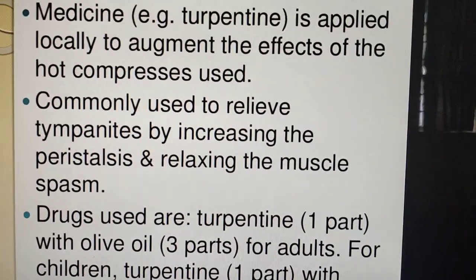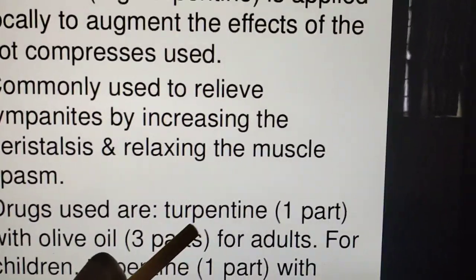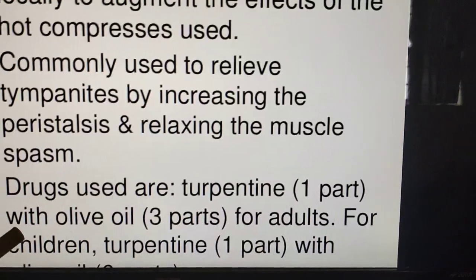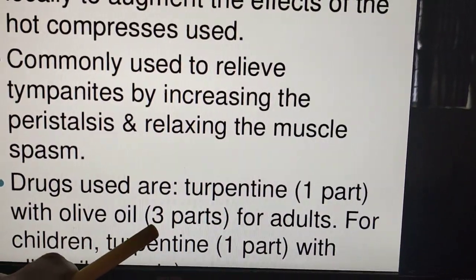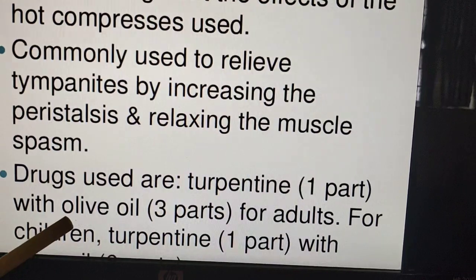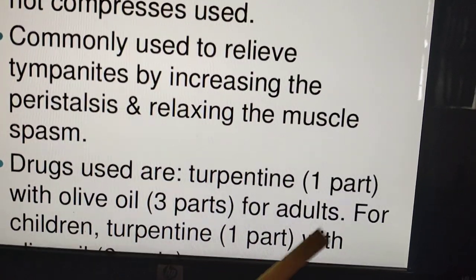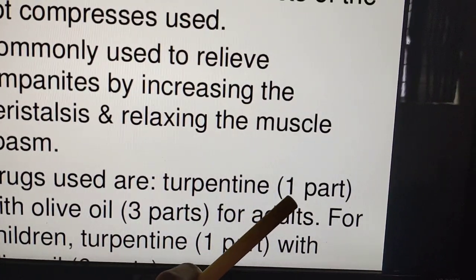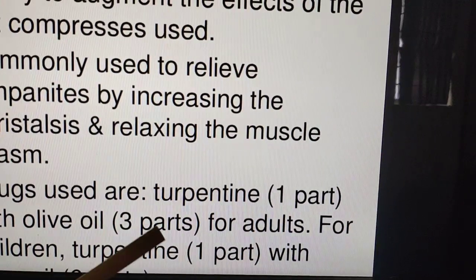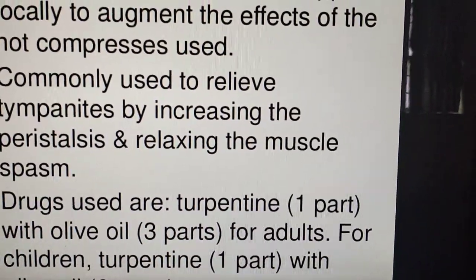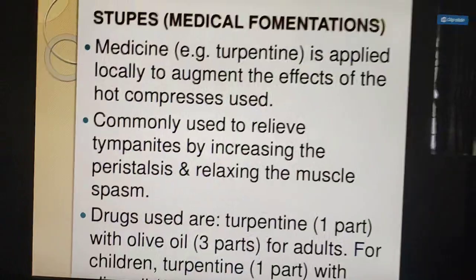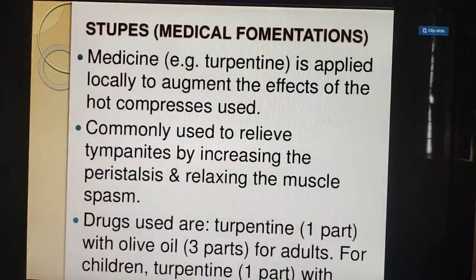How much drug can you use? We are mixing the turpentine with the alveoli. For example, if you are using 1 liter of turpentine, we have to mix it with 3 liters of alveoli. The simple logic. Okay, this is about STUPS.